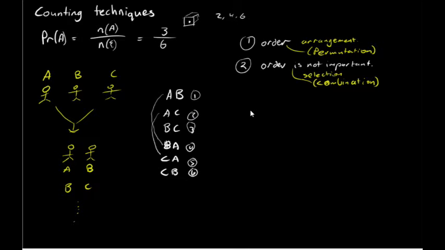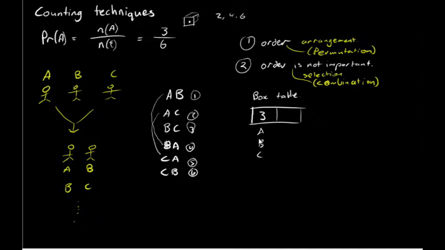So for this example, we can use a box table. And what we're doing is in this first box, I'm going to determine how many different ways I can put one person in here. So I've got 3 people. Either A, B, or C could go in that first one.